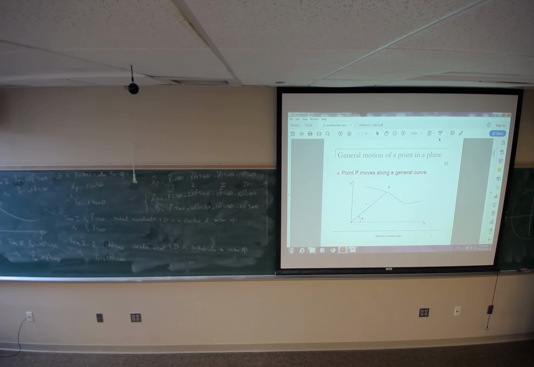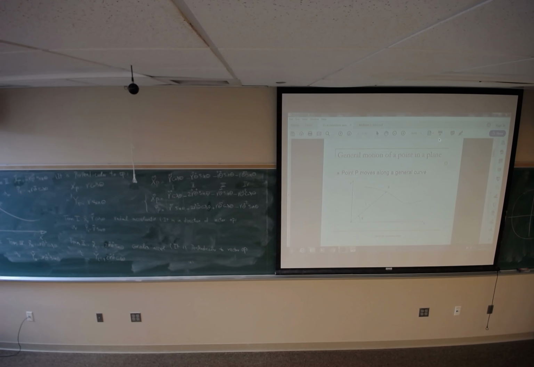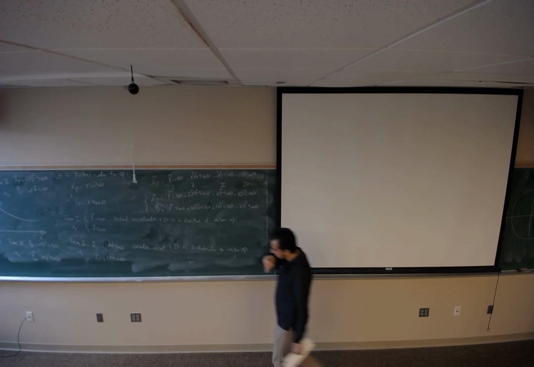Suppose point P is moving along this circular path with a constant angular speed, so omega is constant.